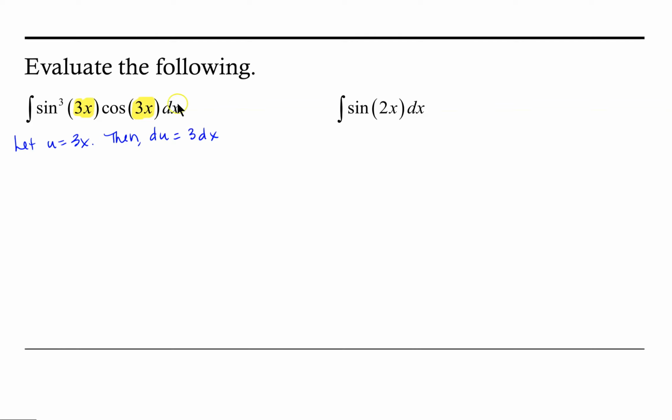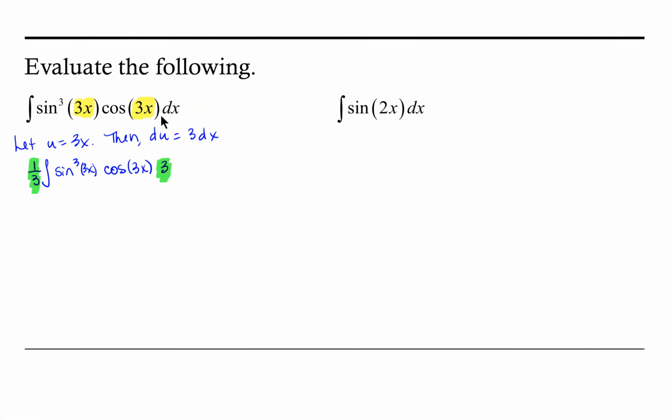Notice that there is no constant of 3 in the integral, so we would need to multiply by 3 and 1/3. So we get 1/3 sine cubed of 3x cosine of 3x times 3. So there's my 1/3 times 3, so we haven't changed the value of the integral.